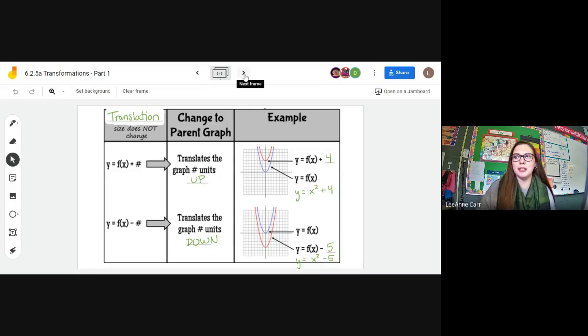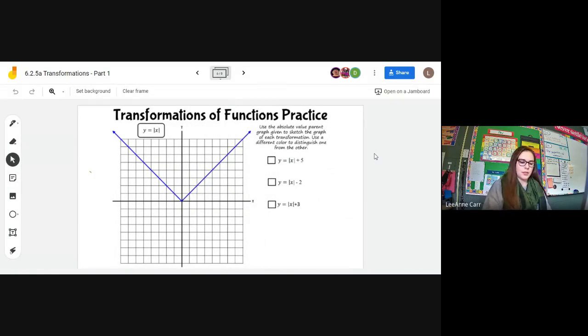I'm going to move on to frame 6 of my Jamboard if you're on there. So frame 6, we have a different looking graph. This is a different parent function. And this time I'm giving you the equations, and I want to try and change my graph based on that. So I'm going to give you about a minute, and I want you to tell me, here is where I'm starting with. I'm starting with this absolute value function.